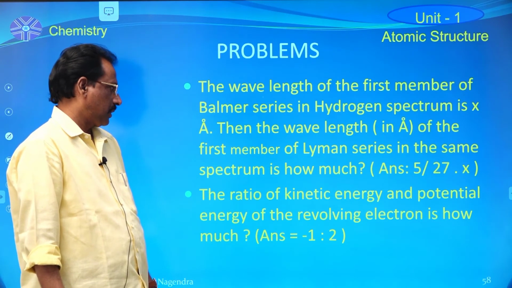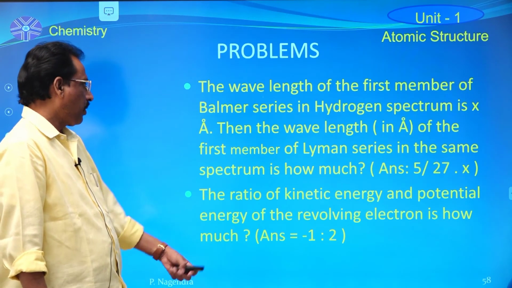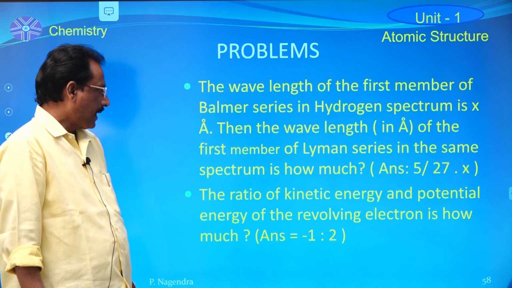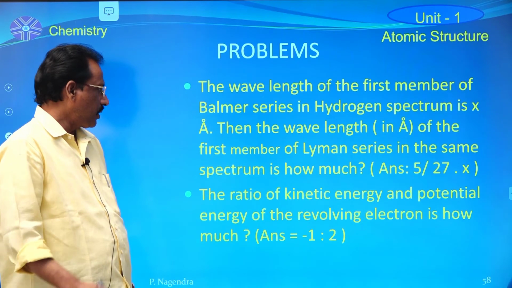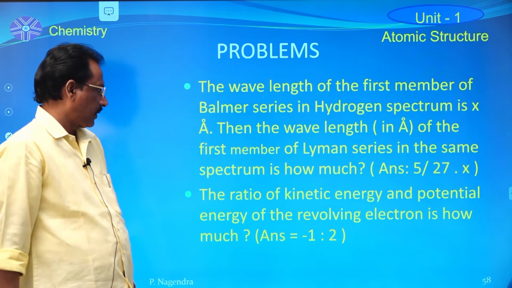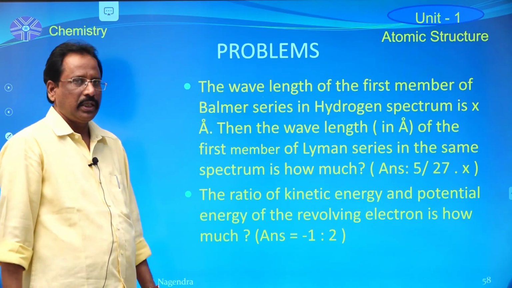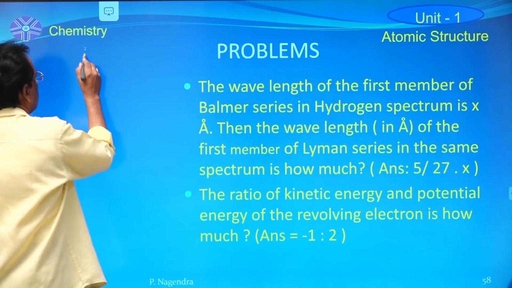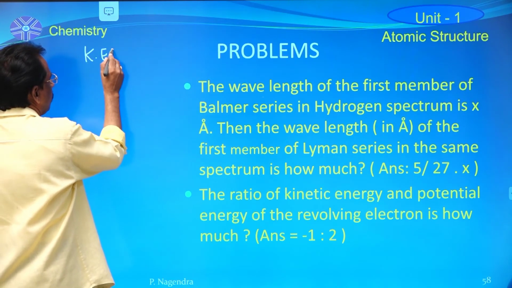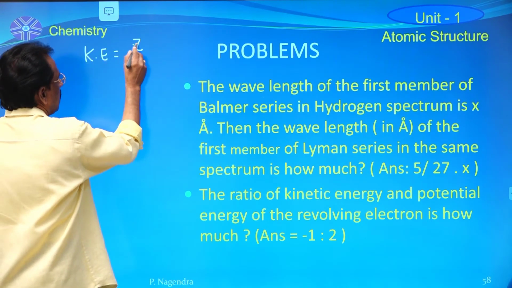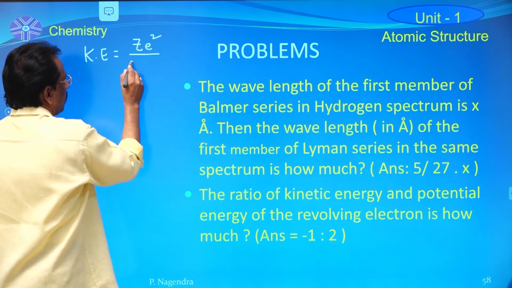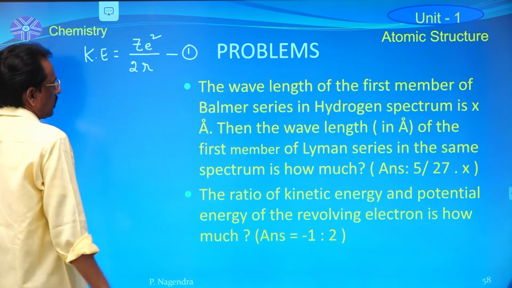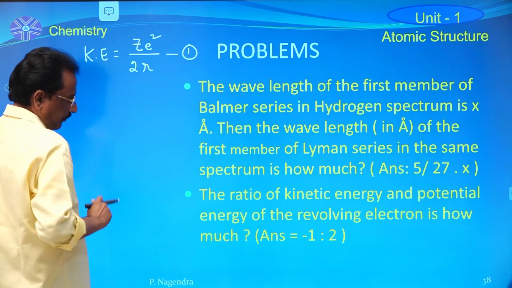in any spectral series. Next problem: what is the ratio of kinetic energy and potential energy of the revolving electron in a hydrogen atom? According to Bohr's theory, the kinetic energy, half mv square, is Ze square divided by 2R.